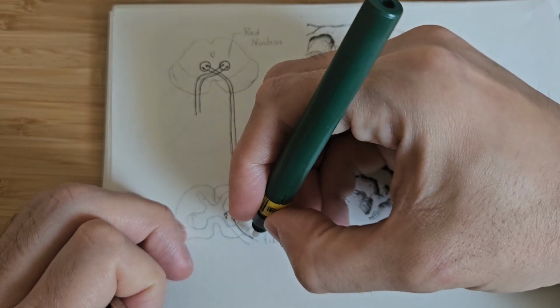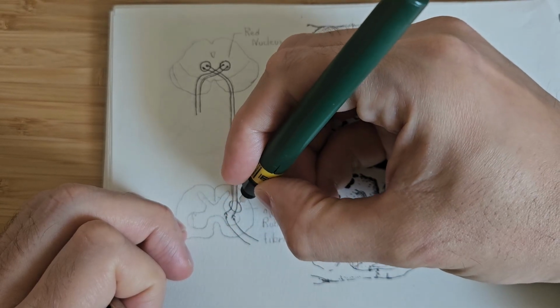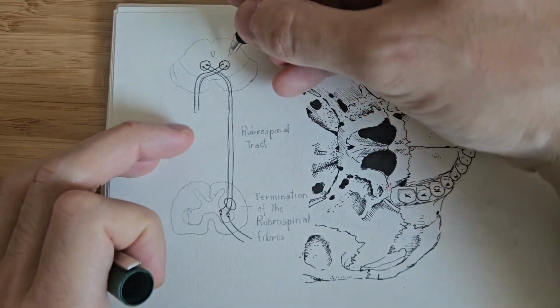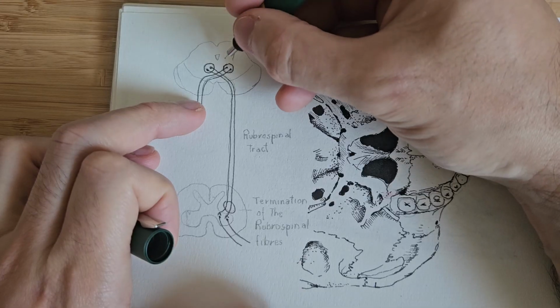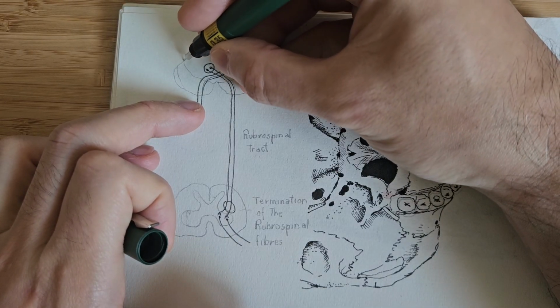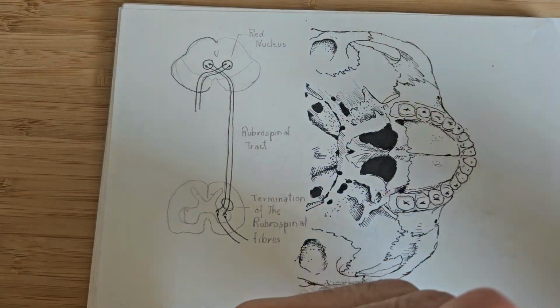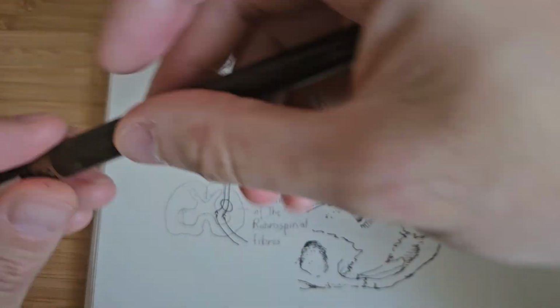So, as I mentioned before, this structure here, okay, is the midbrain. Let me just use another pen. This is the midbrain.